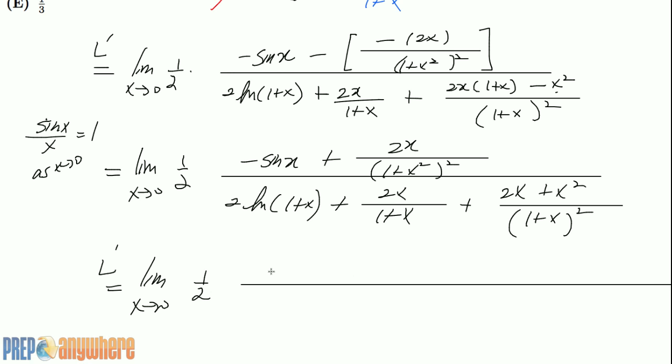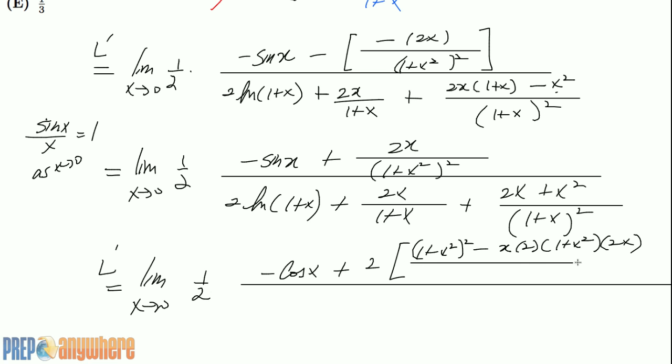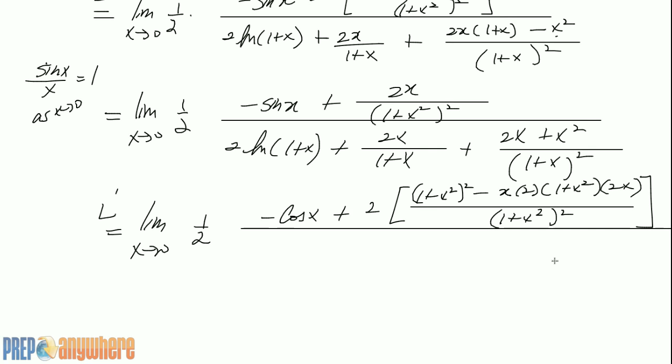So the top we get minus cosine of x. If you differentiate that, we get 1 plus x squared minus x times 2x. I'm assuming here your derivatives are pretty good, because I'm going through the derivatives quite quickly. Differentiate that and we get 1 over 1 plus x.